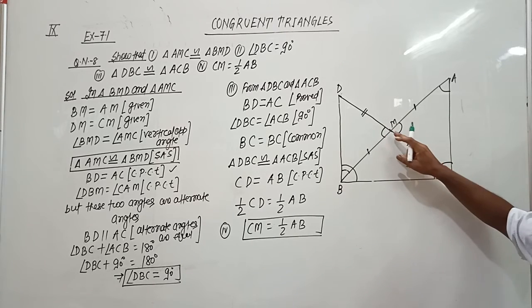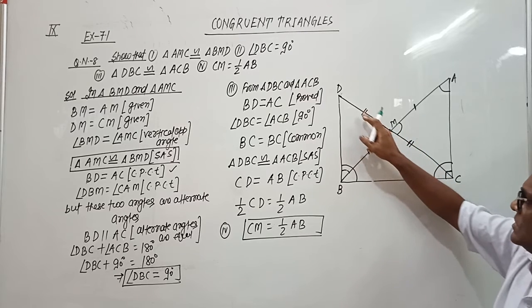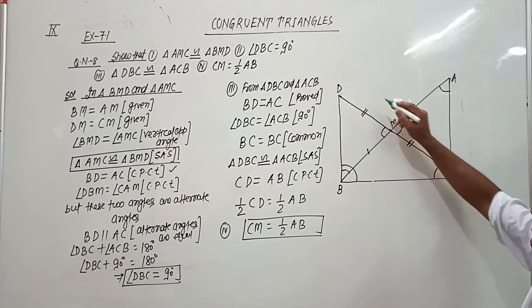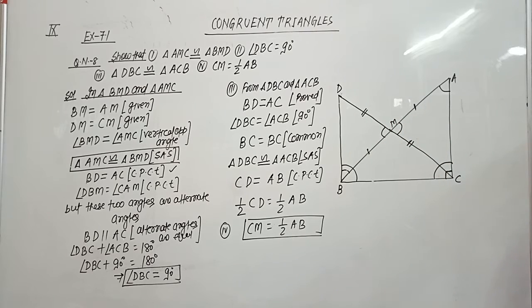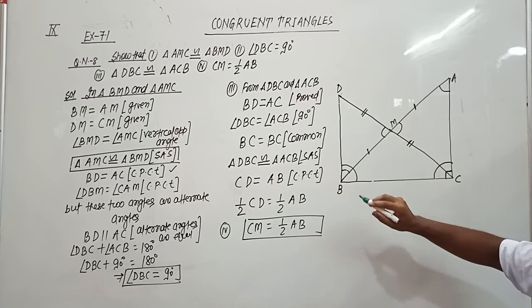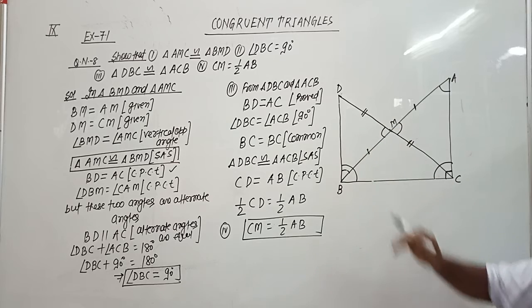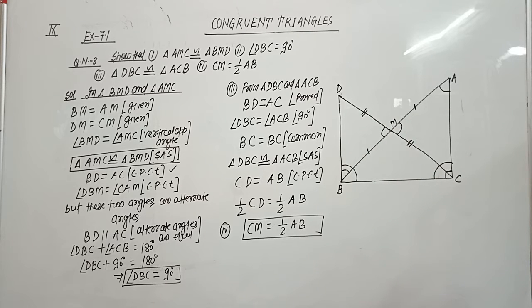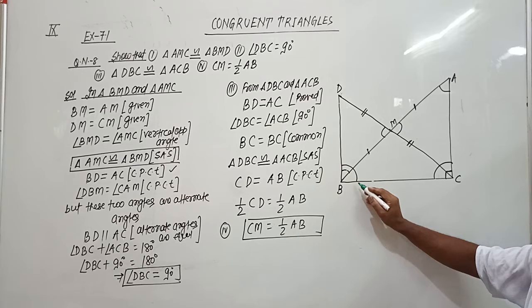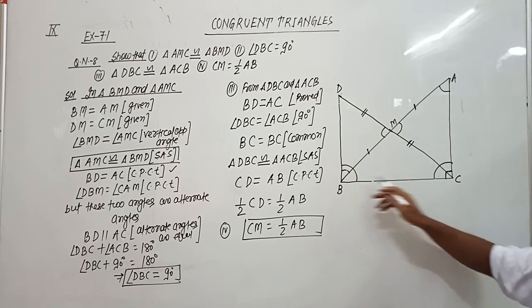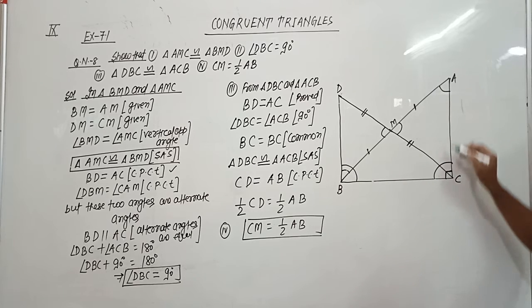Join C to M and produce CM to D such that CM equals DM. This also we have been given. Then the first part we have to prove is that triangle AMC is congruent to triangle BMD, the second part, angle DBC is 90 degrees, the third part, triangle DBC is congruent to triangle ACB, and the fourth part, CM equals half of AB.